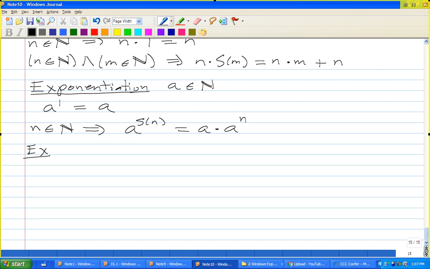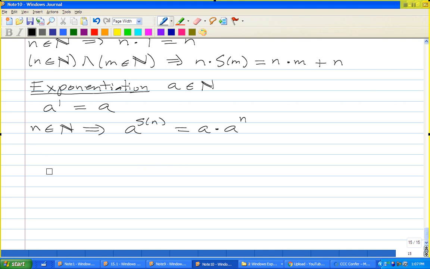Okay, so let's do the following. Maybe I'll call this example 1, even though I probably had further examples before: show that 3 plus 1 equals 4. Oh, and by the way, I should say this before I give you the example.